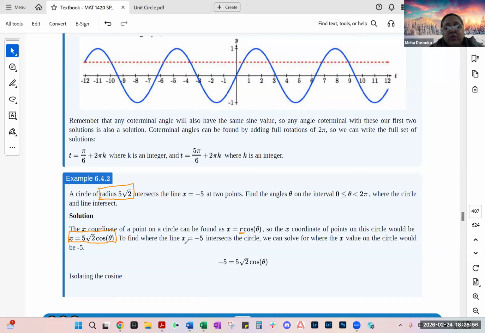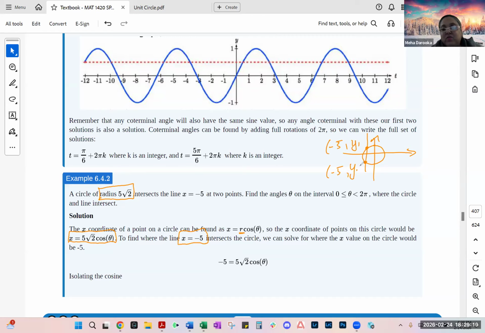Now we also know that the circle and the line are going to be intersecting at x equals -5. So again, imagine this is our coordinate plane. Here's our circle, and here's that line x equals -5. Well, it tells you for both of these points, your x value is going to be -5, right?